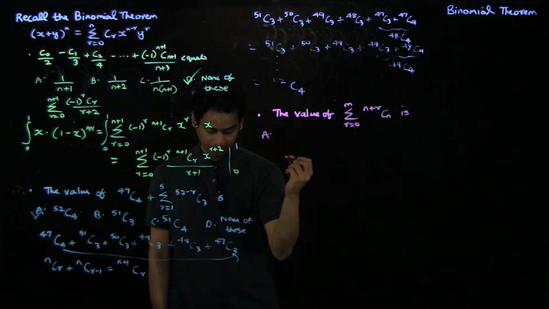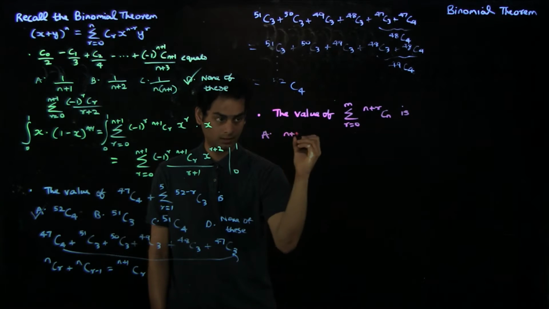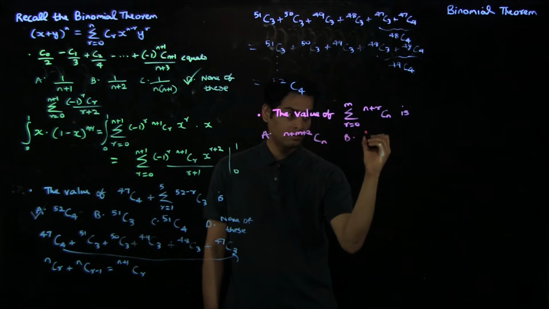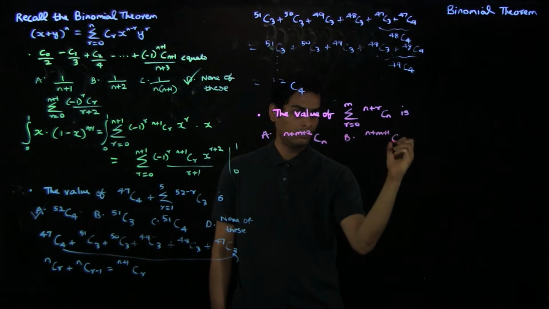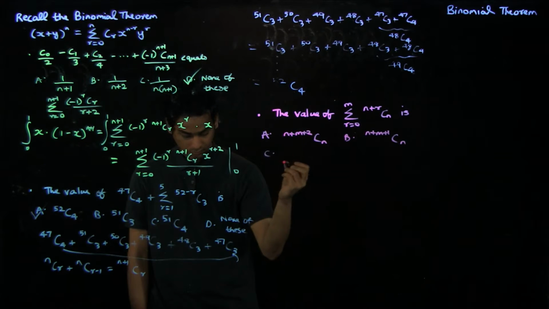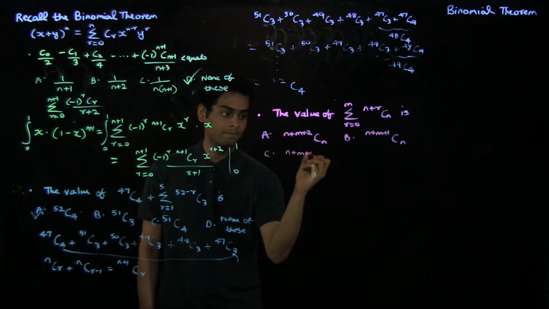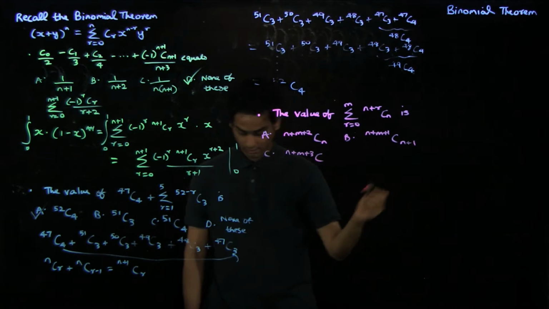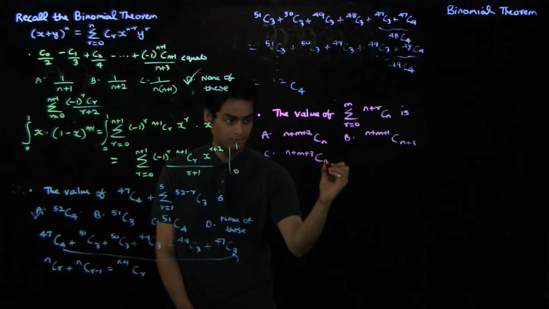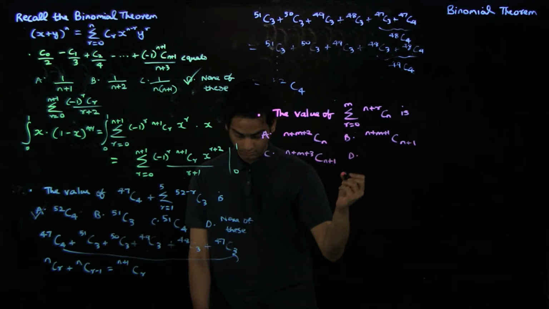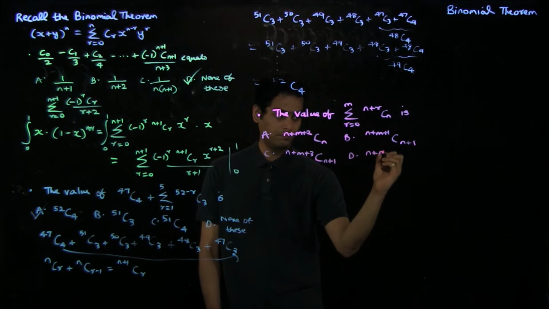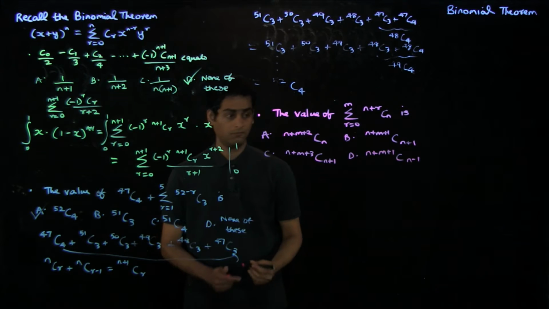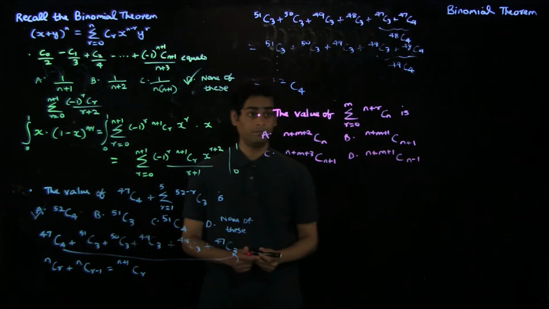The options are (n plus 2) Cn; sorry, the second option is (n plus m plus 1) Cn plus 1. Third option is (n plus m plus 3) Cn plus 1. The last option is (n plus m plus 1) C(n minus 1). So these are the four options which are given to you.